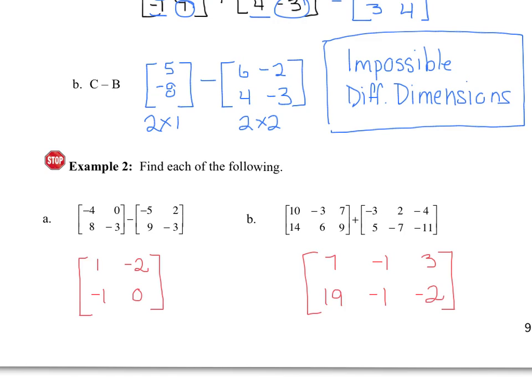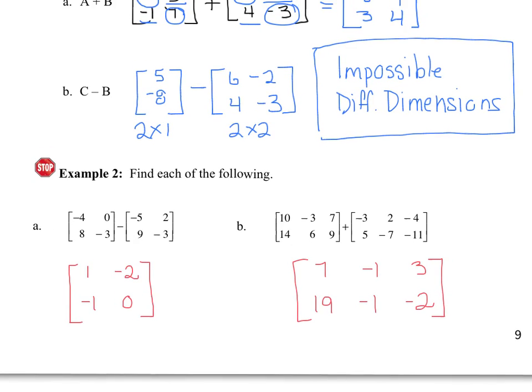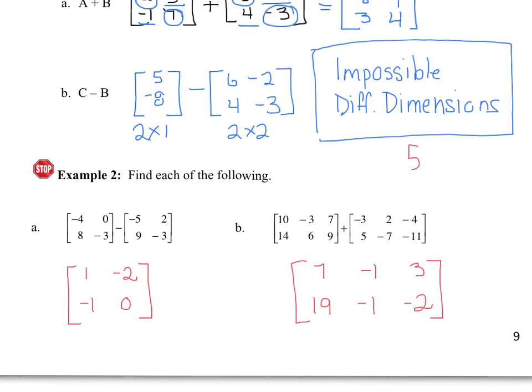I do want to really quickly talk about the subtraction that you do in part A. As we all know, subtracting is the same thing as adding the opposite. So if I have something like 5 minus 3, it's the same thing if I add the opposite of 3, 5 plus negative 3. Both of those give me 2. So when you do have subtraction, a mistake that occurs frequently is that students will forget to subtract every one of the entries.